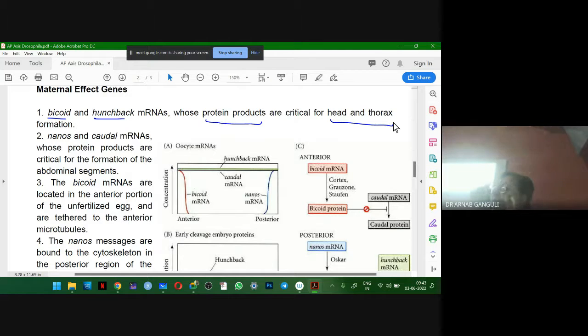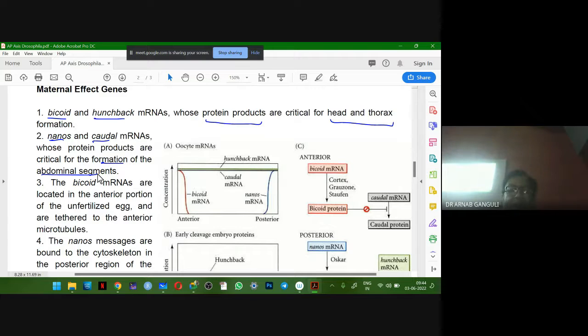Their protein products are needed for the formation of head and thorax. If these genes are mutated, the head and thorax do not form. They don't survive actually, but you can see in that embryo that the head and thorax have not formed. Apart from that, nanos and caudal, whose mRNAs and protein products are critical for the formation of abdominal segments. So for abdominal segment formation, you need two more maternal effect genes, nanos and caudal.